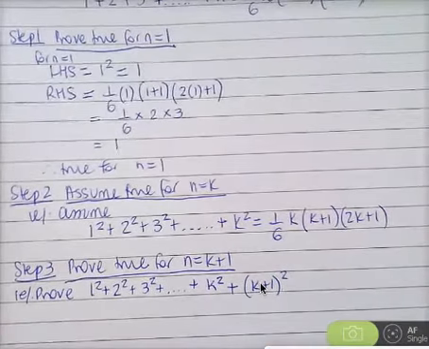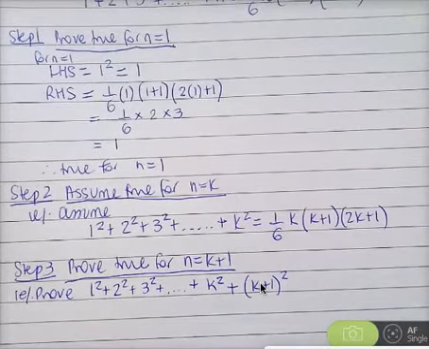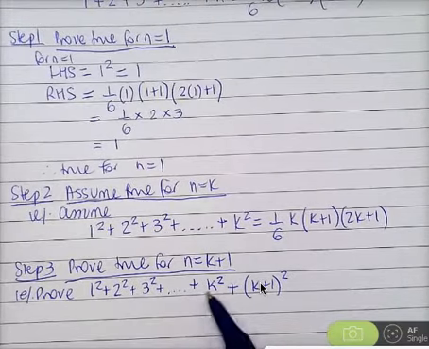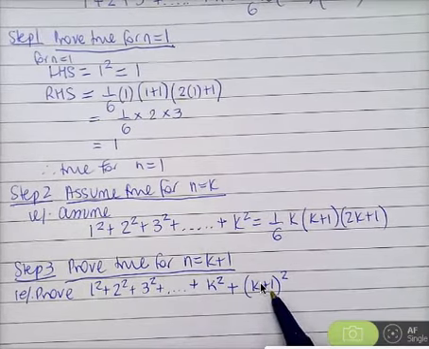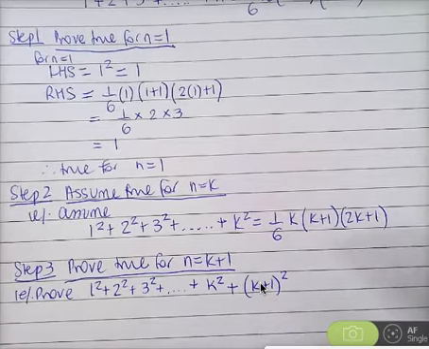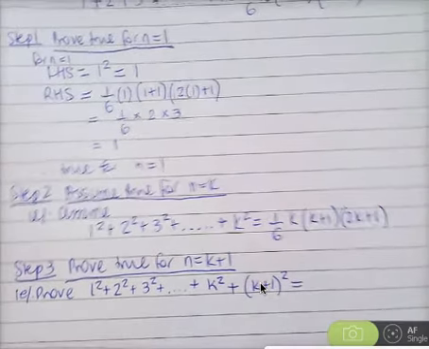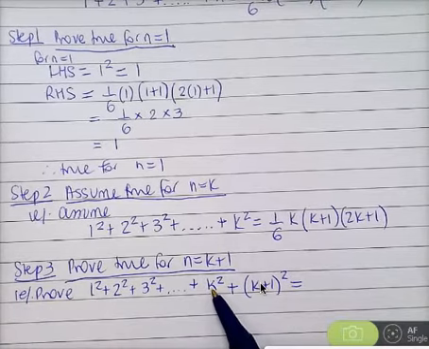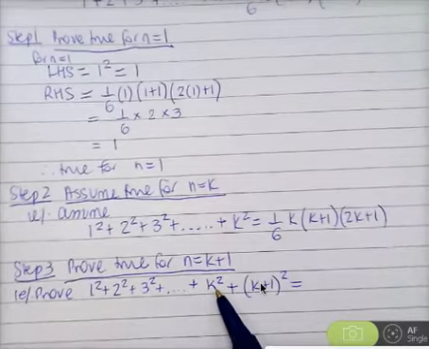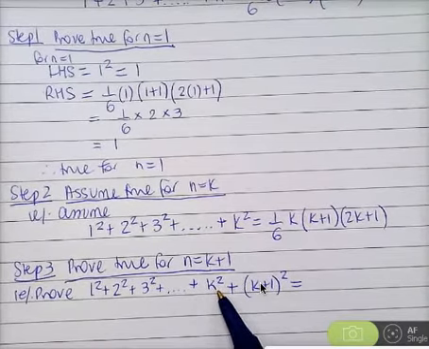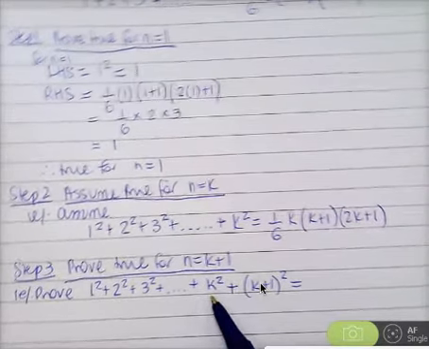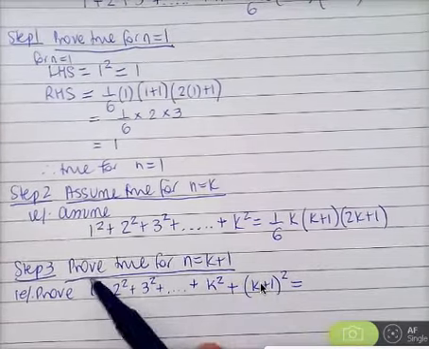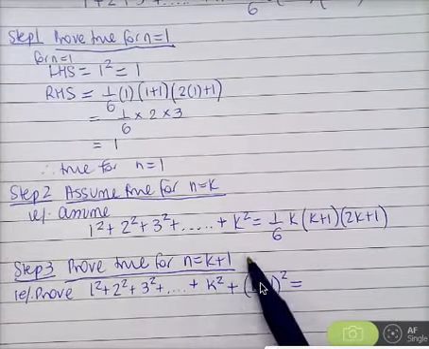So basically, this is what you do. You write out the sum of the first k terms, and here's the next term. Equals, now on the left-hand side, you have to write all the terms that you've got, and add one more. Are you confused why I'm putting k squared instead of n squared? Because k plus 1 comes after k. Oh, because I'm trying to prove true for n equals k plus 1.